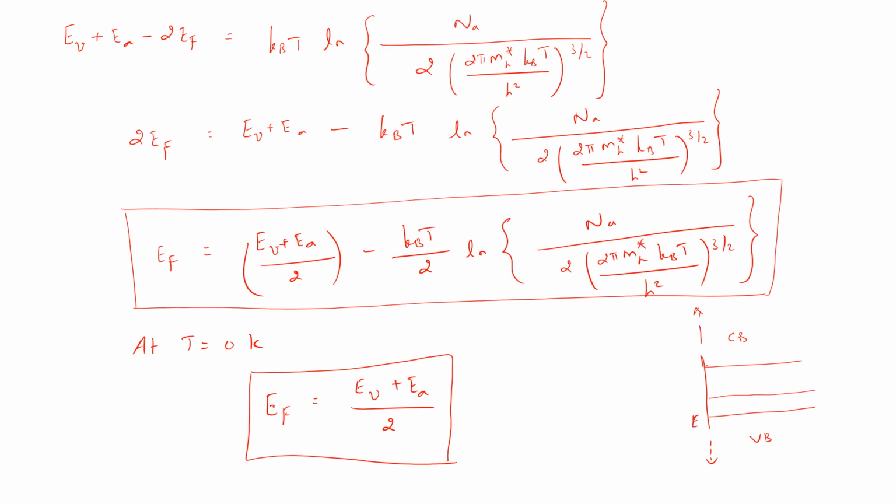So this represents EV, and this is EC, and this is EA. Now I have to locate EF. EF will be exactly in between EA and EV when you put T is equal to 0 Kelvin.